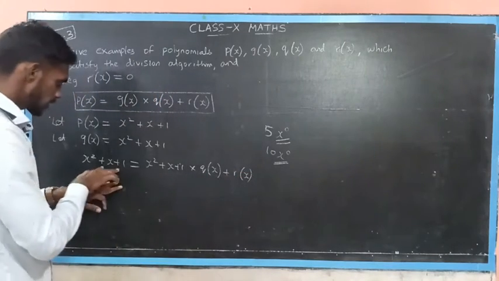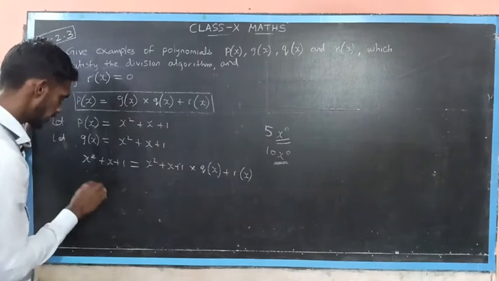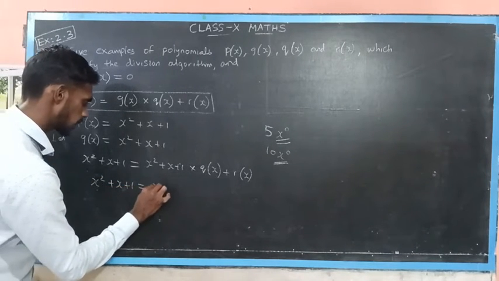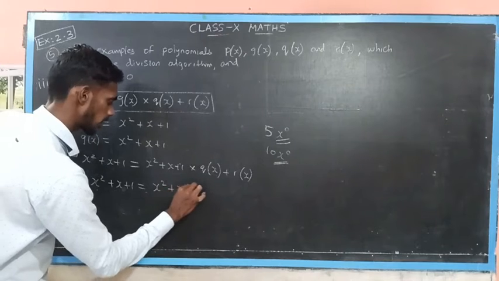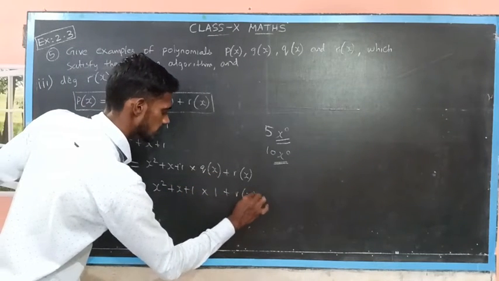So we are dividing two same expressions, definitely the quotient will be 1. Okay. So it can be rewritten as x square plus x plus 1 is equal to x square plus x plus 1 into 1 plus R of x.